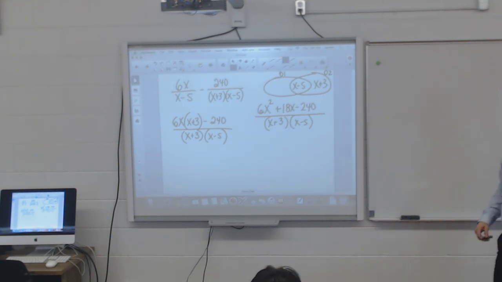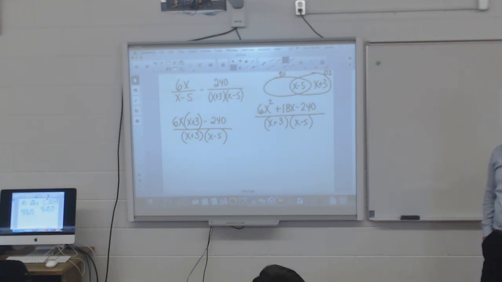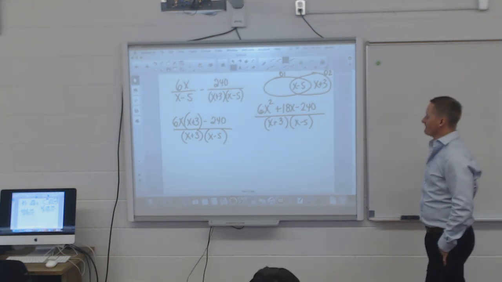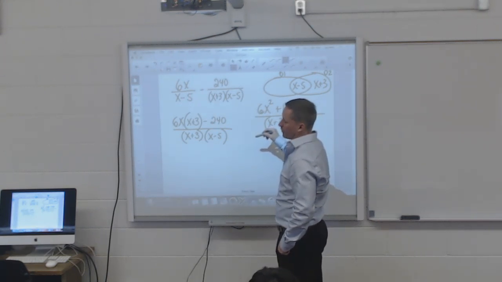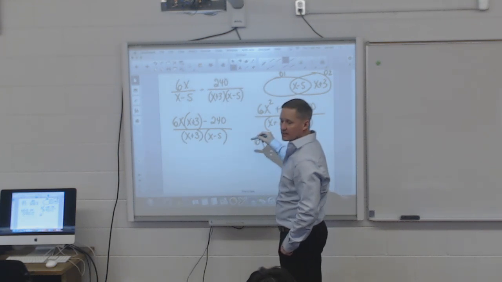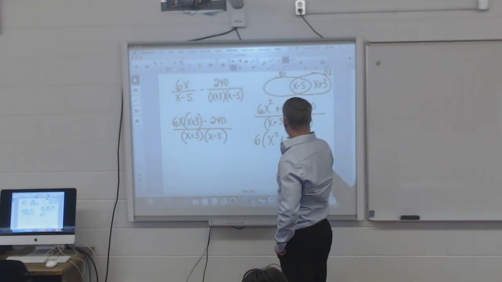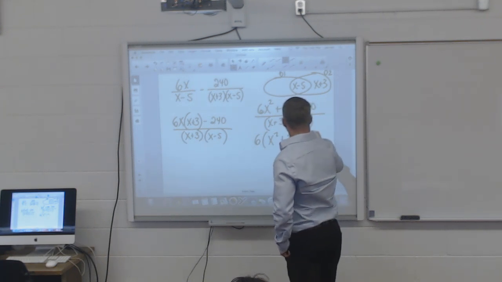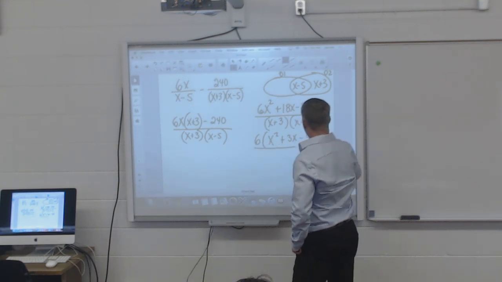Can you just factor? We can check it. We should check it to see. Because you can get x squared plus 3x minus 40. So we go 6, we gotta leave the 6 in there because it's an expression. So 6 times x squared plus 3x minus 40, like that, right?